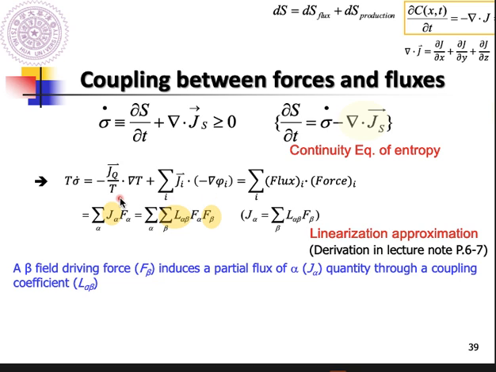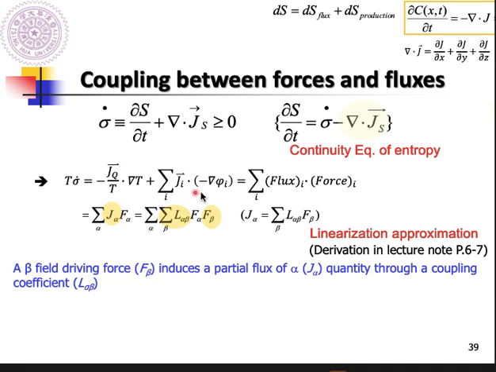This is the heat flux, and in the previous slide we showed that the driving force for the heat flow process is not only the temperature gradient, it is the minus temperature gradient divided by T. This is for the heat flow process, right? And the rest, for the electrical flow process and the mass transport process, we can simply sum up into this term.